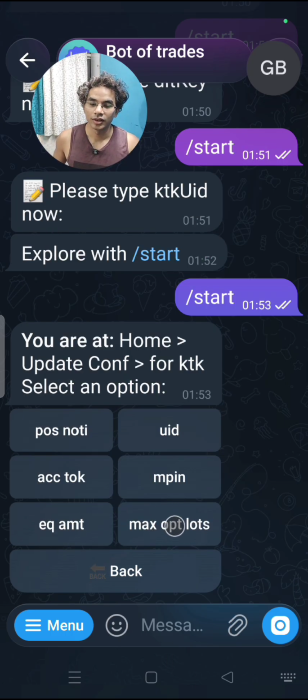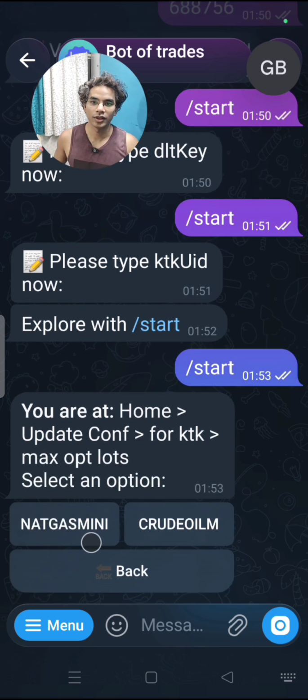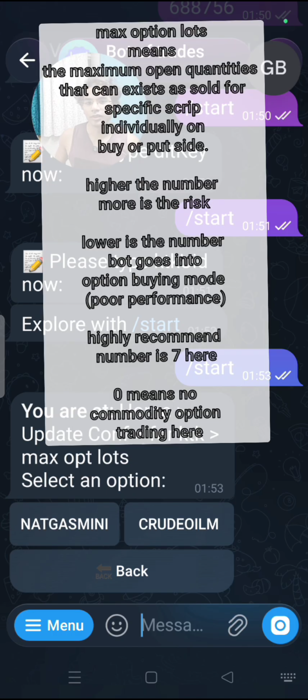Now this is the commodity trading here. You can set the commodity trading for natural gas and crude oil. Ideally you should set the number 7. Why 7?